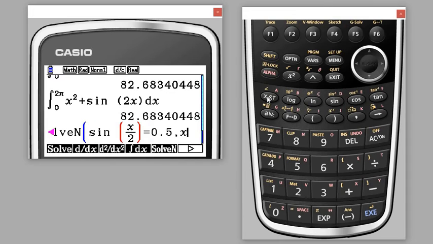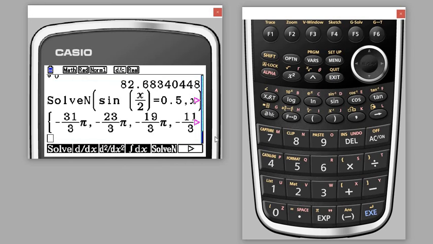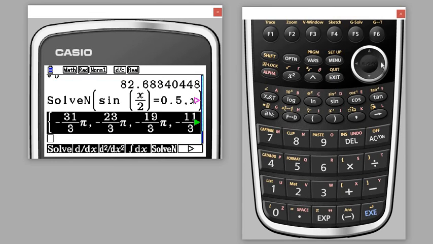So I'm going to solve for x. I could close the brackets, press enter, it will take a while, that error will always come up, and then it will show you a whole heap of the different solutions. So I can go up, press across, and look at all the different solutions it gives me.